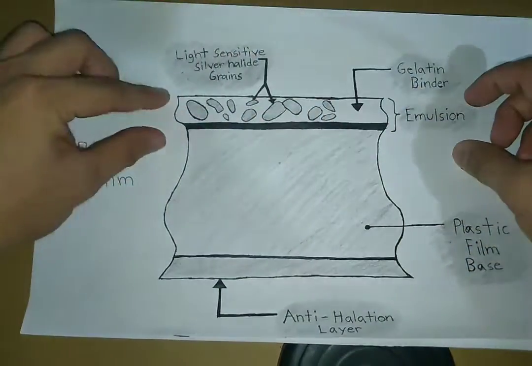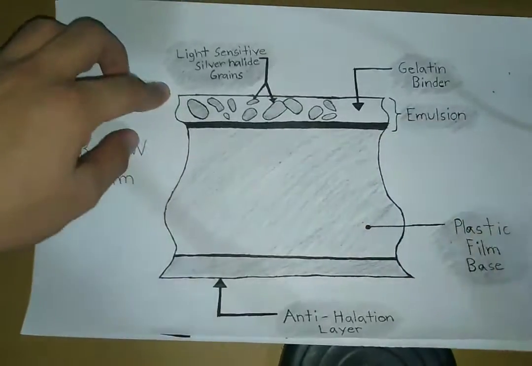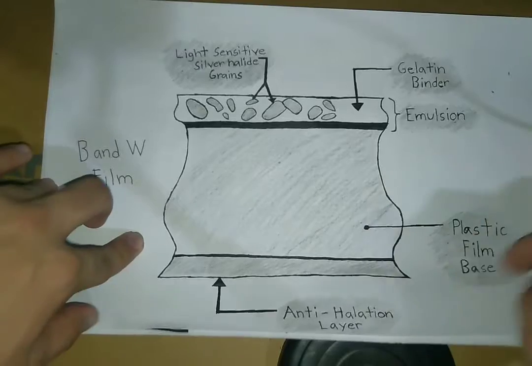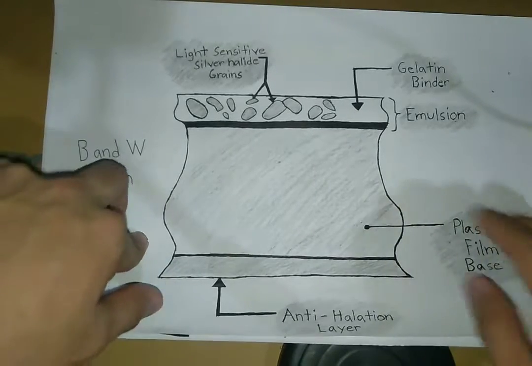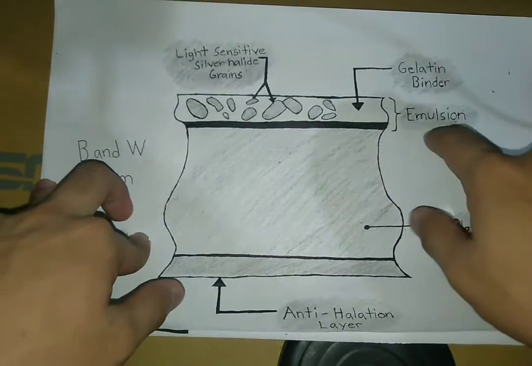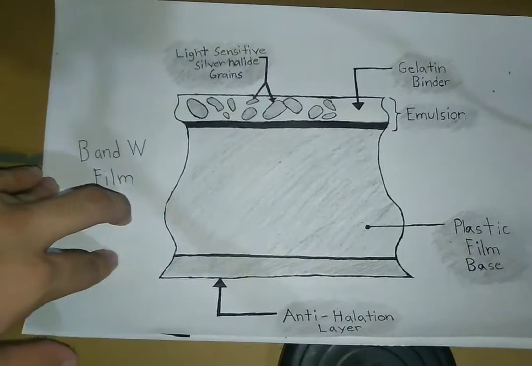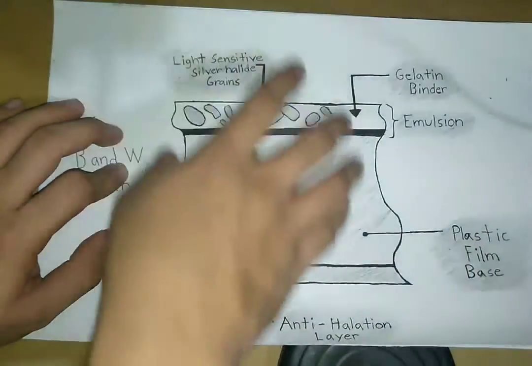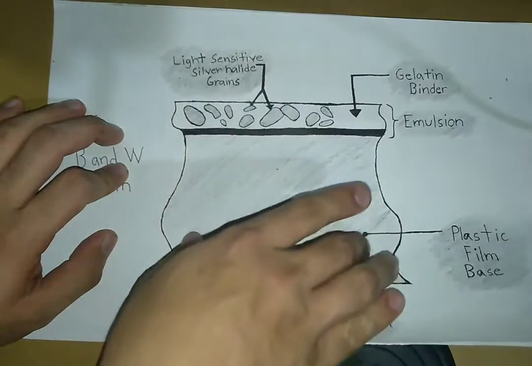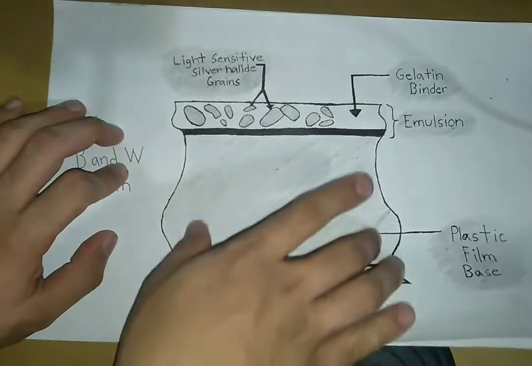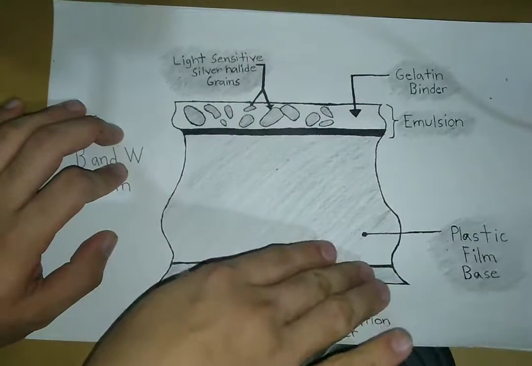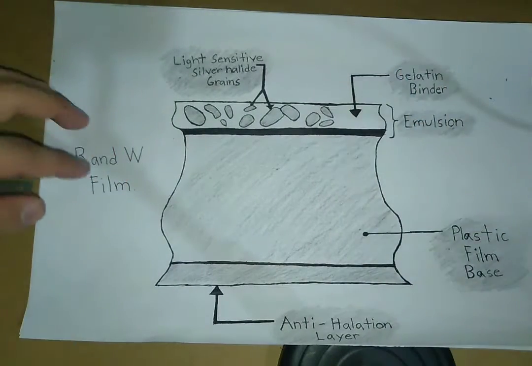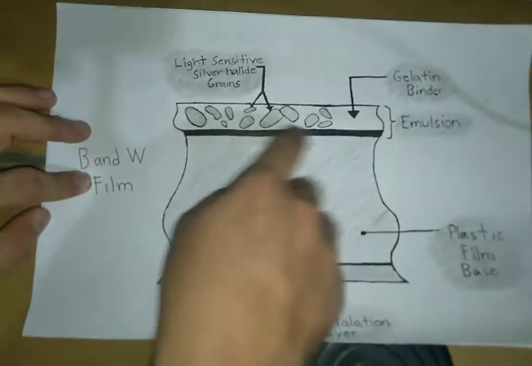The emulsion is the first layer. The second layer is the plastic film base. Usually, what's the work of the plastic film base? Very simple: to support the emulsion. Because this is a black and white film, the processing of the light in here will be black and white.